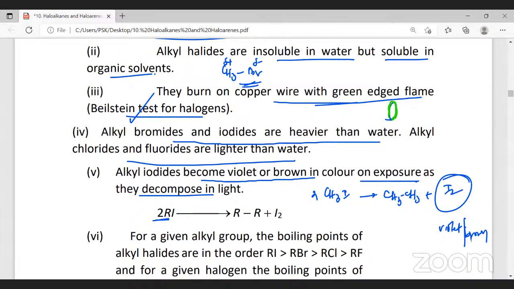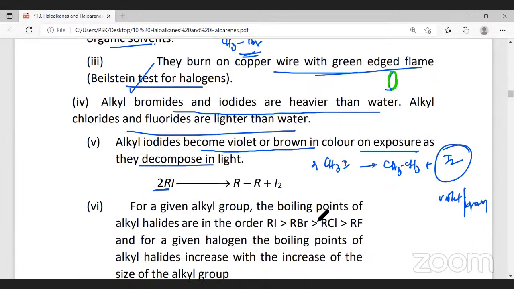Now, for a given alkyl group, the boiling points of alkyl halides are of a certain order. For a given alkyl group, meaning I am comparing methyl iodide with methyl bromide, methyl chloride, and methyl fluoride.